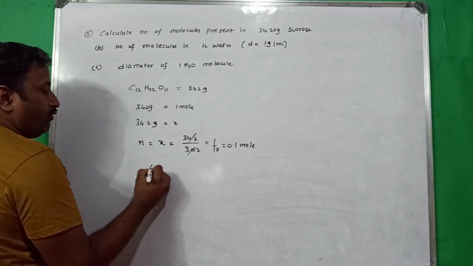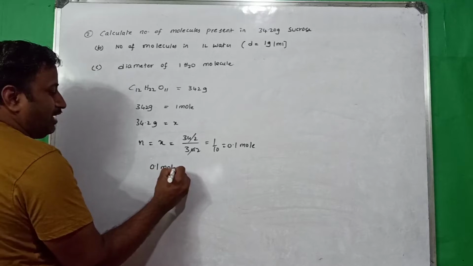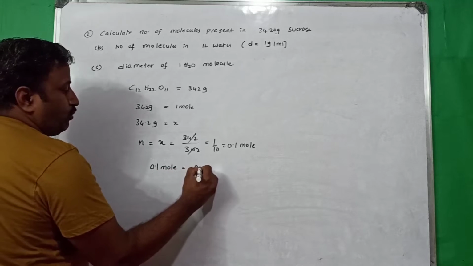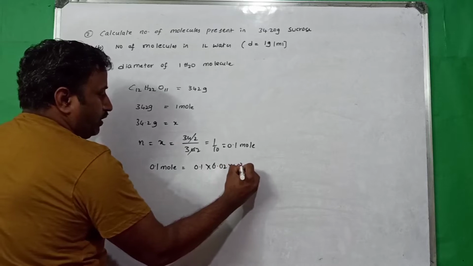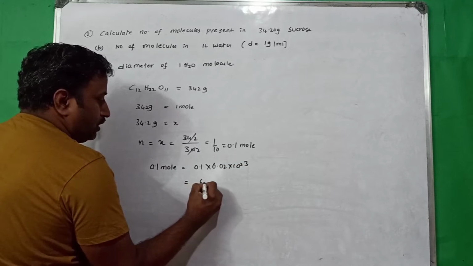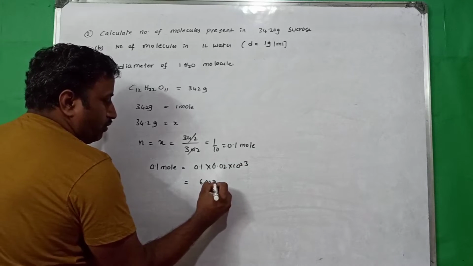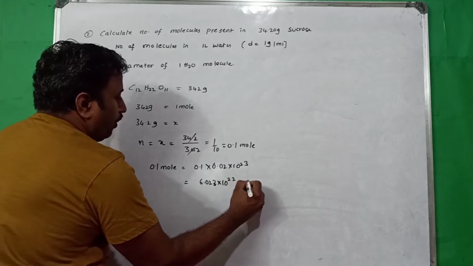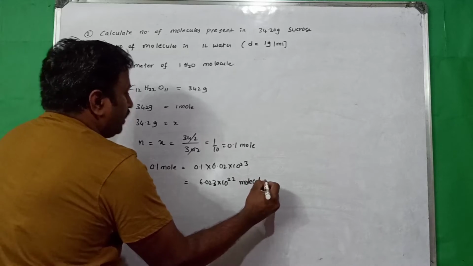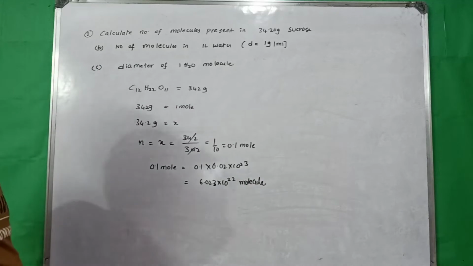So 0.1 mole is 0.1 into 6.02 into 10 power 23, which is equal to 6.02 into 10 power 22 molecules present. Here we have converted weight into molecules.